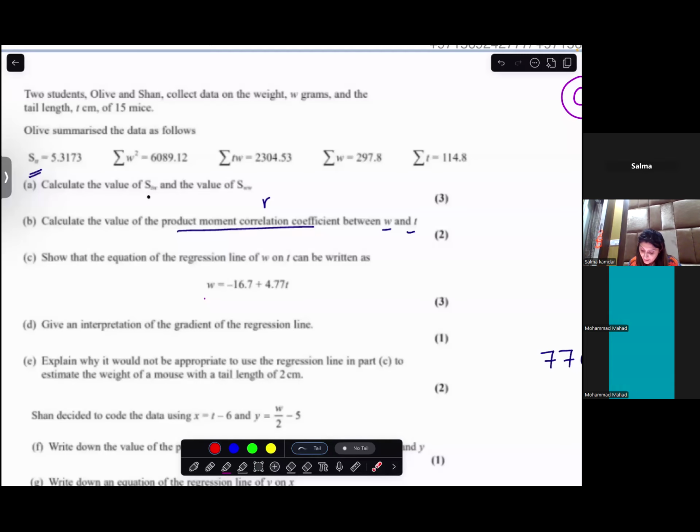Now, they want me to give an interpretation of the gradient of the regression line. I hope you're with me. When I'm talking about the gradient of the regression line, it means 4.77. W is the weight, T is the tail length.